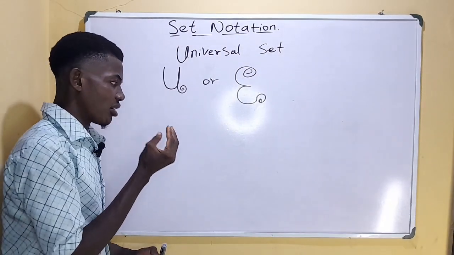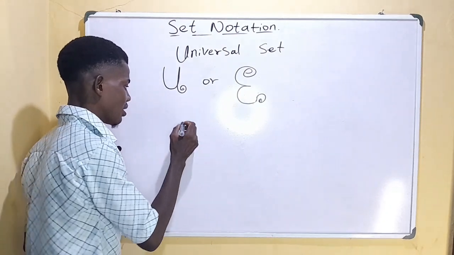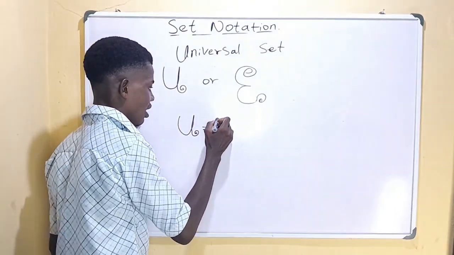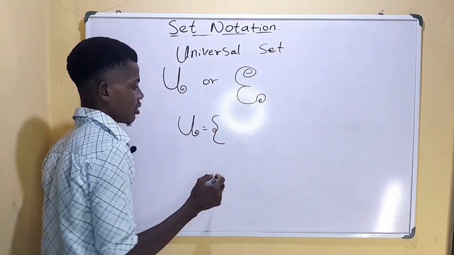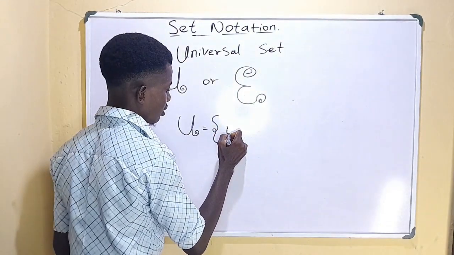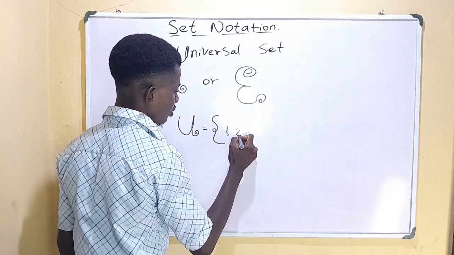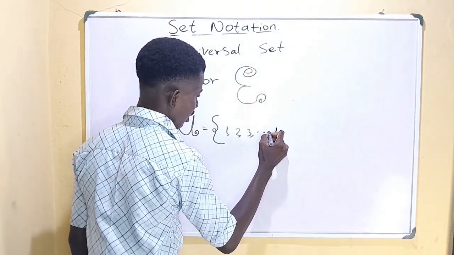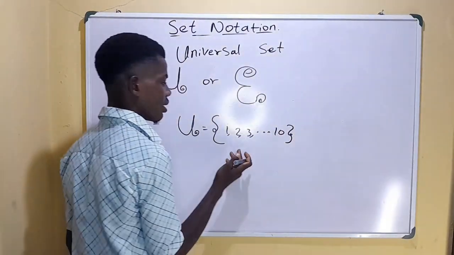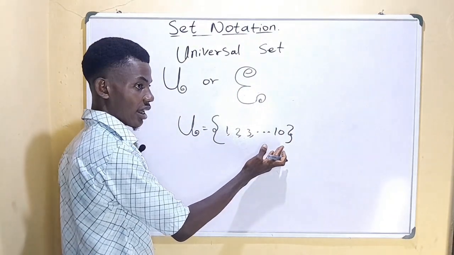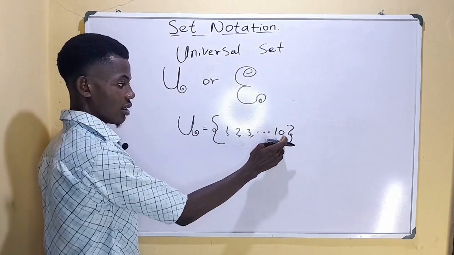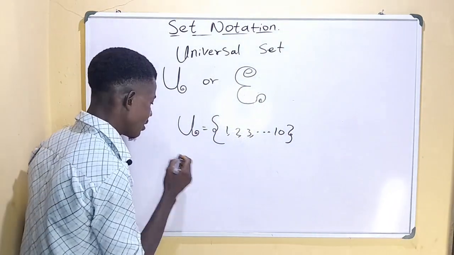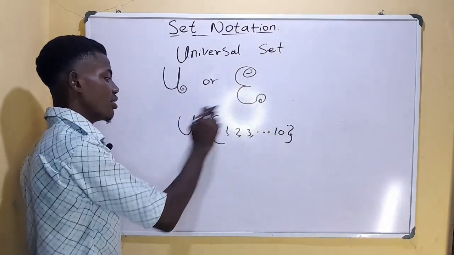Let me give a small example on this universal set. Let's say this universal set is a set containing 1, 2, 3, up to 10. Remember, this is not an infinite set. It is finite. It has an end, 10. So let's see other sets now. Now, this is a universal set.